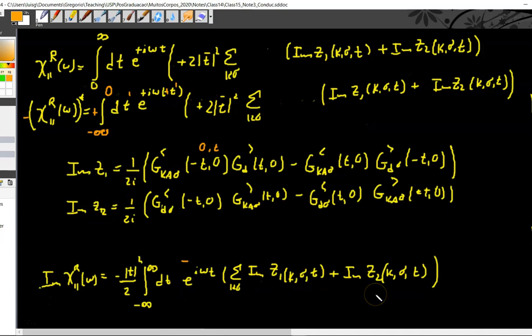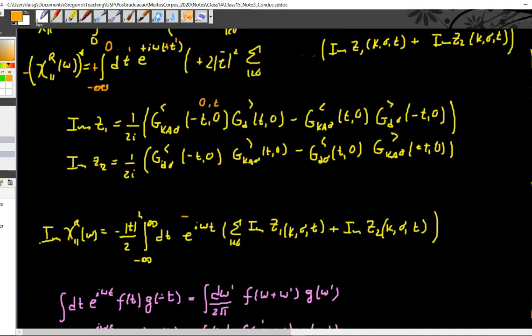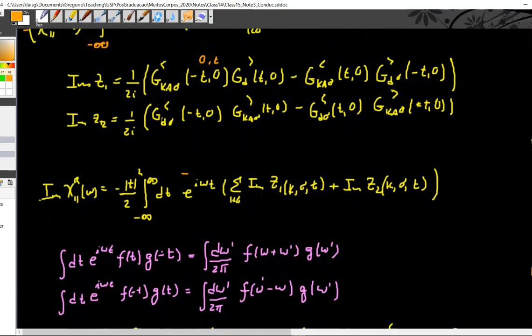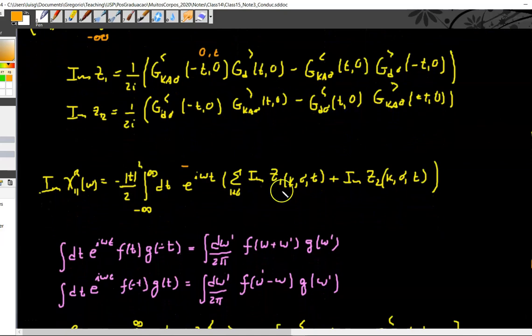Okay, now let's keep on going, and now we're going to see the time dependence of this, which is encoded in these Green's functions here. And first I'm going to use this property.